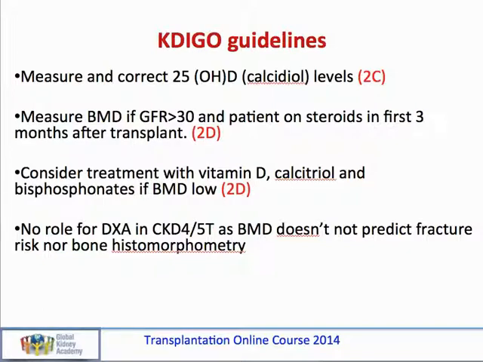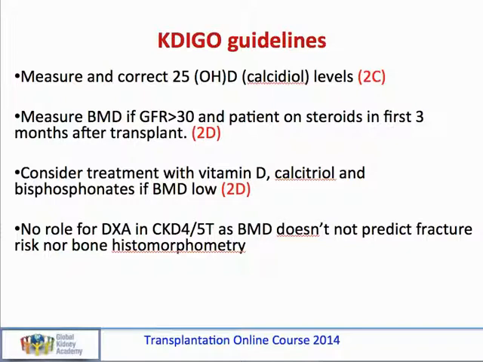We might be able to identify low bone mineral density, but whether treating the bone mineral density will improve fracture outcomes, we don't know, partly because, as I said, as well as bone density, bone quality is going to impact on fractures, and other risk factors for falls as well.